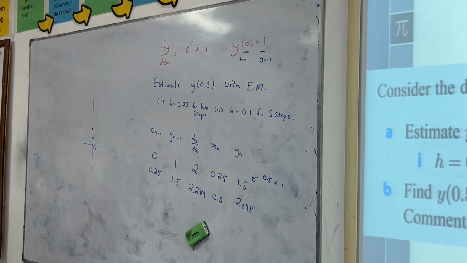Let me just check whether 2.648 is really a correct estimation. It's an estimation because we never actually found the actual function. We're just iterating. I wonder how close it is to the actual answer.